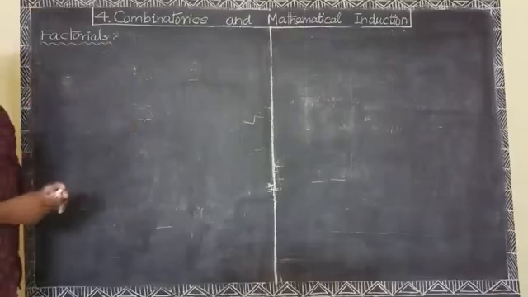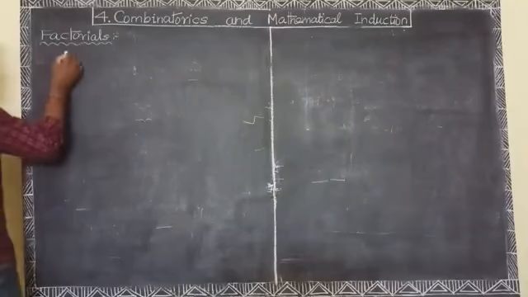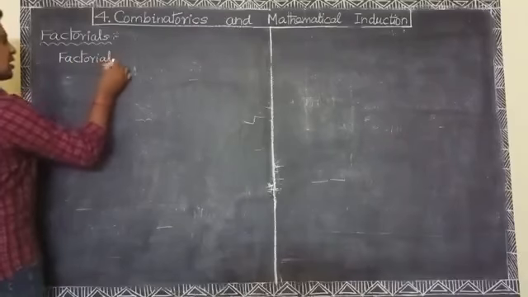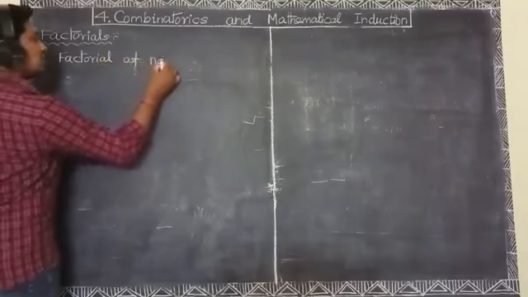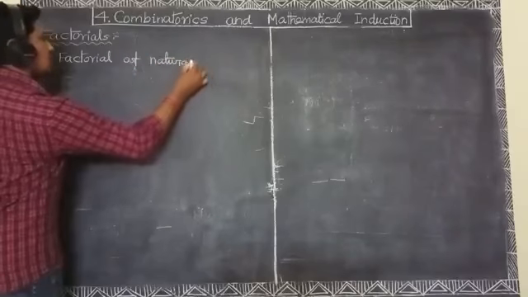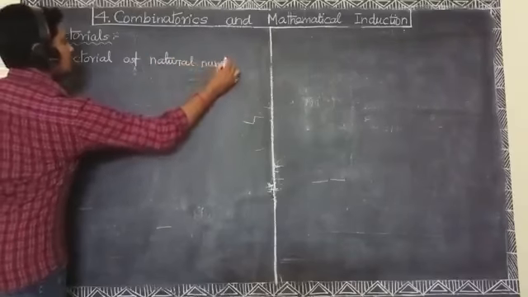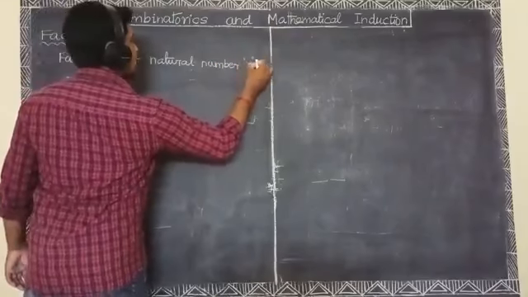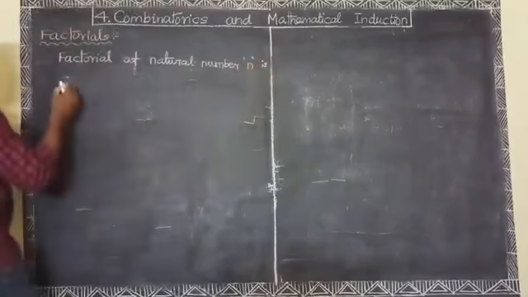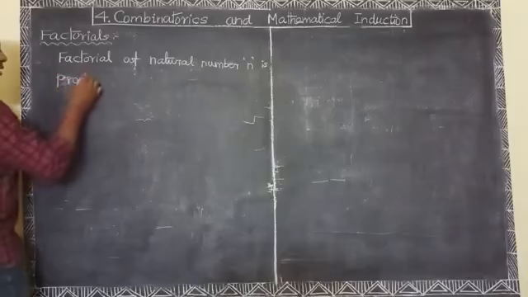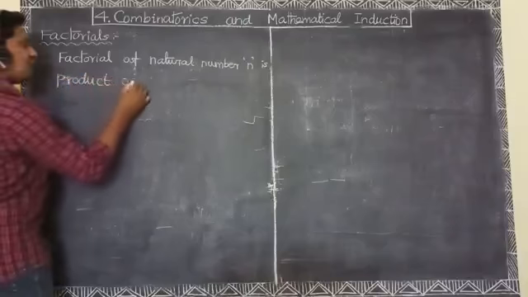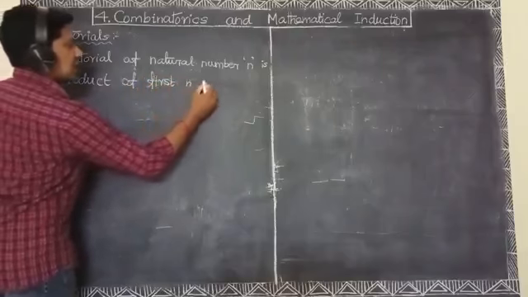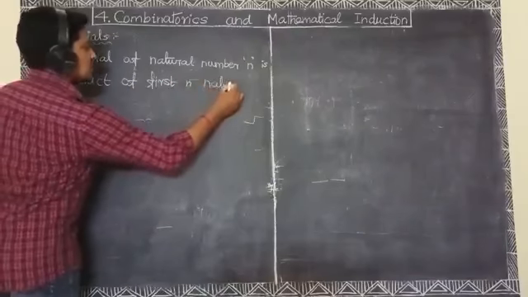Factorial of natural numbers. The factorial of a natural number n is the product of the first n natural numbers.